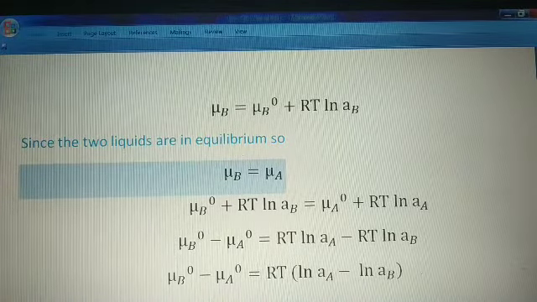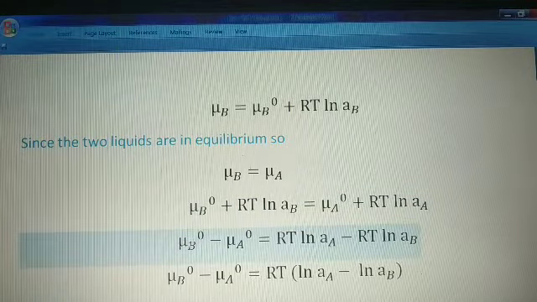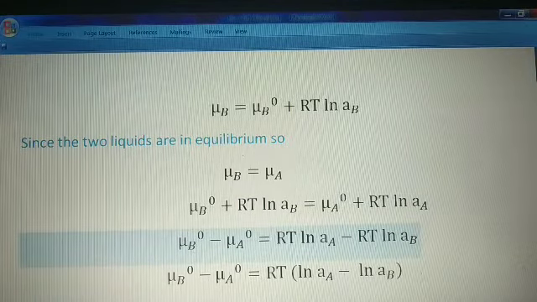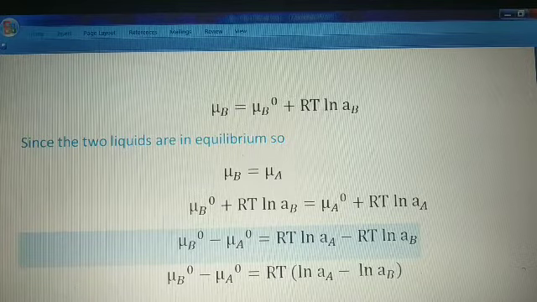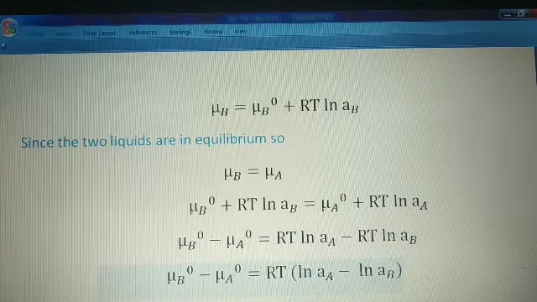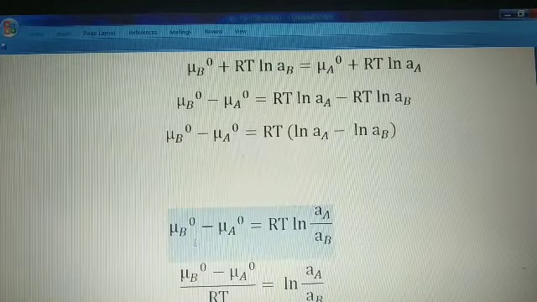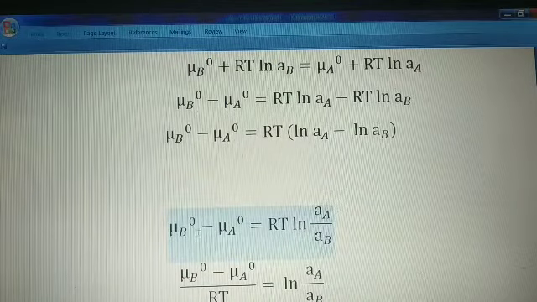That is why I have written mu B equals mu A. Substituting the values and separating the pure-state chemical potentials to one side and the activity terms to the other side, we get mu naught B minus mu naught A equals RT ln of activity on the A side divided by activity on the B side.